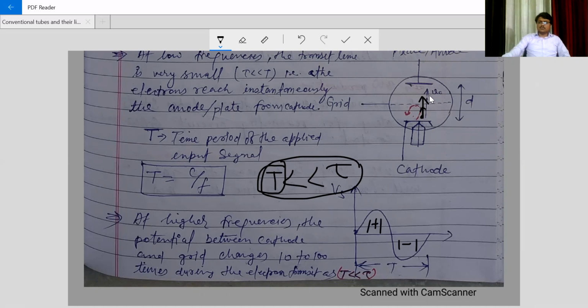So this electron will face an opposite force and it will travel from here to here. It may reach the cathode again, or if it does not reach the cathode, then it will oscillate anywhere here, like it will not go to the cathode, it will not go to the anode. So it is very, very difficult for us.